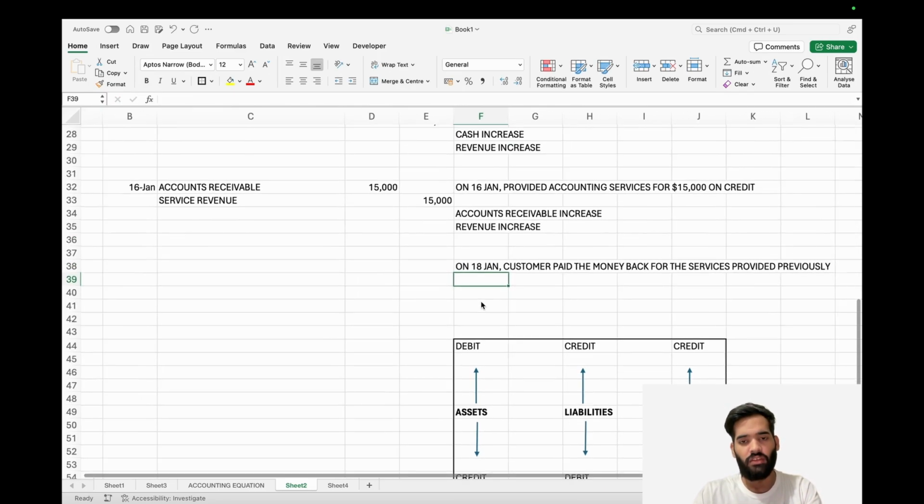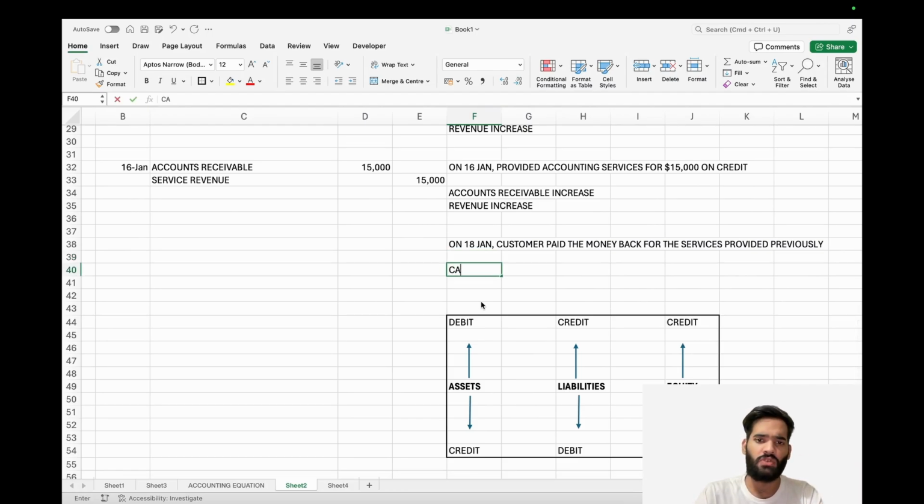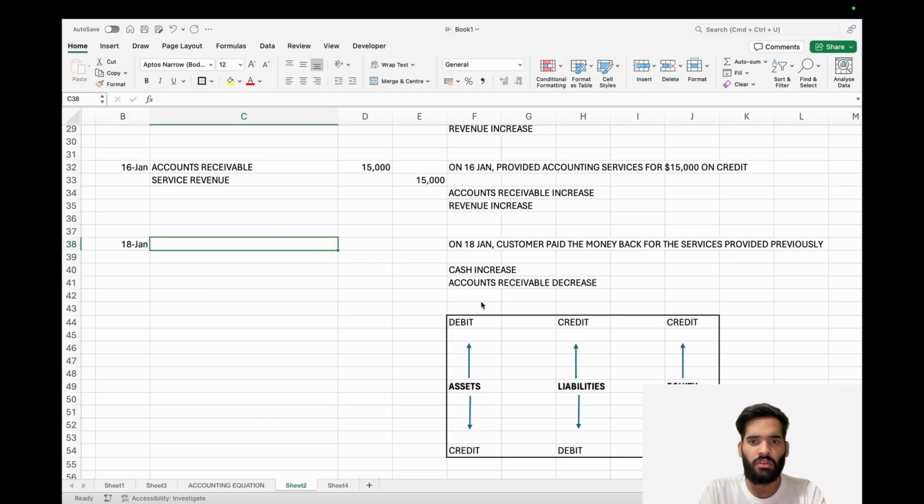Now, in this case, we will again think about this logically. Okay, if the customer is giving me the money back, my cash will go up. And since I'm no longer owed this money, my accounts receivable account will go down. So if we make the entry, cash is an asset, increase on debit, so cash debit, and accounts receivable as an asset, but it's decreasing, so it's credit.